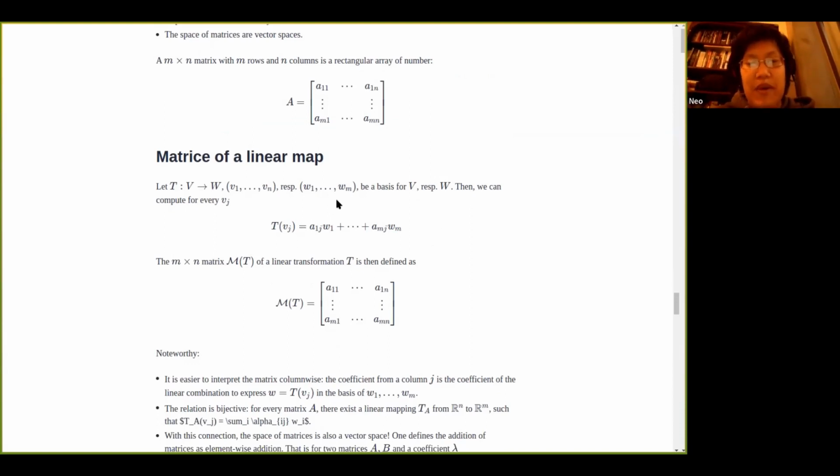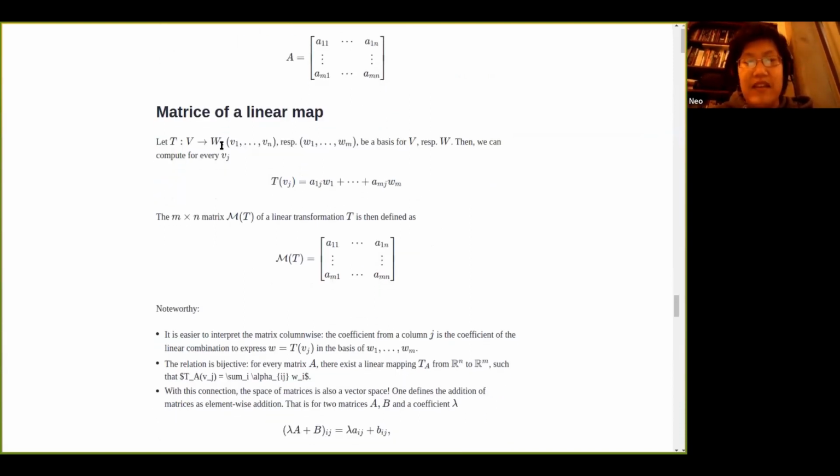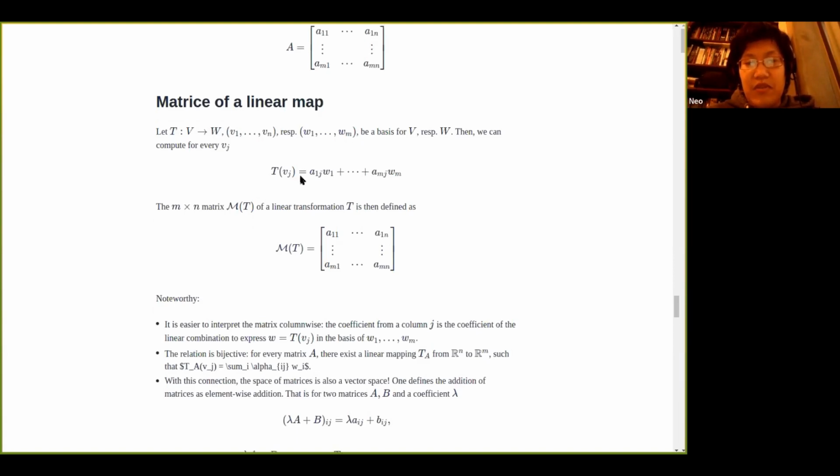So now we go back to the notion of basis. Let's say you have a map between, and map here is just a function, for you to understand. If you take T that goes from V, a vector space, to W, a vector space, with v1 to vn being a basis of V, so V has a dimension of n, and w1 to wm being a basis of W, then we can compute this transformation.